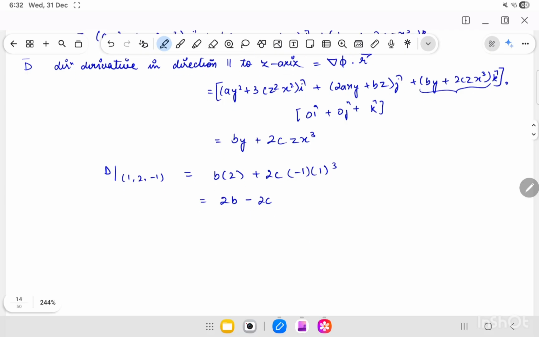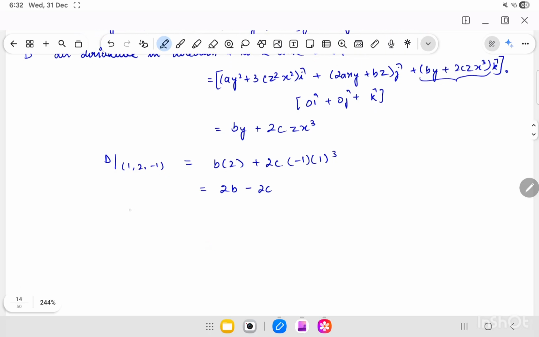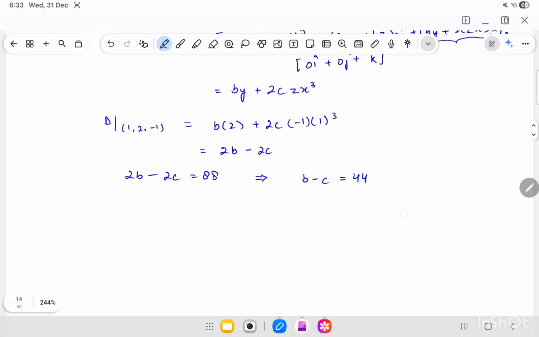Now the question says that its magnitude is equal to 88. That means 2b minus 2c is equal to 88, and if I simplify it, it gives b minus c equal to 44. So from here I got a relation in b and c.